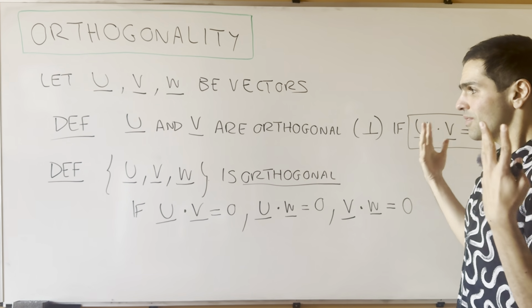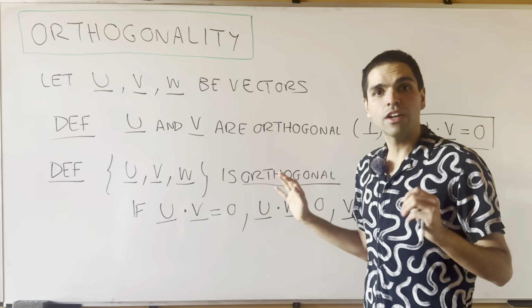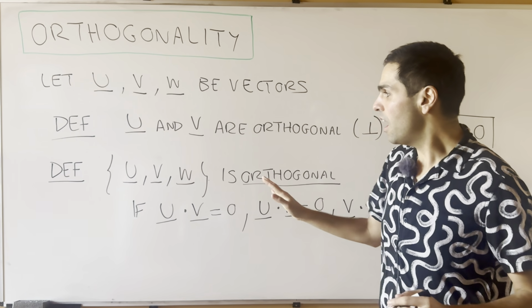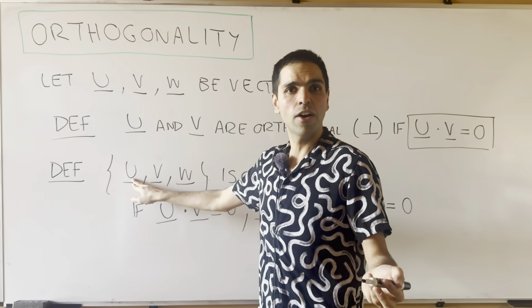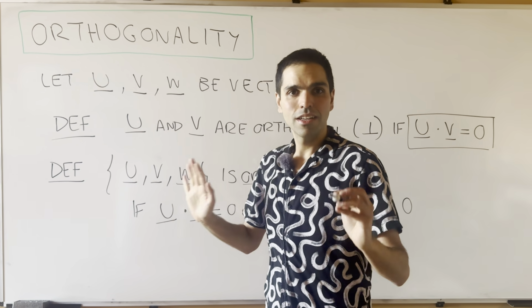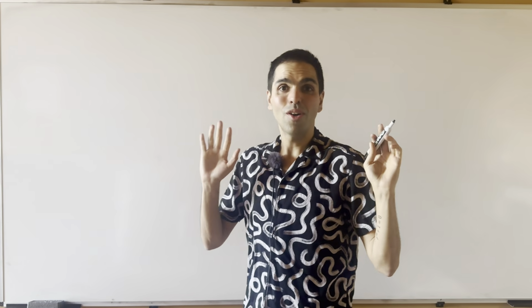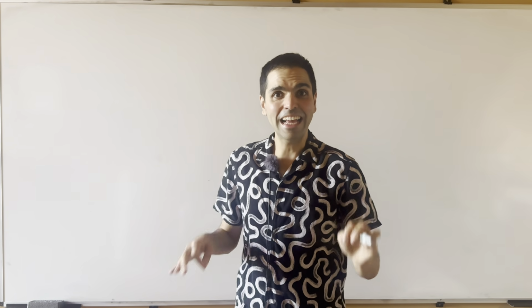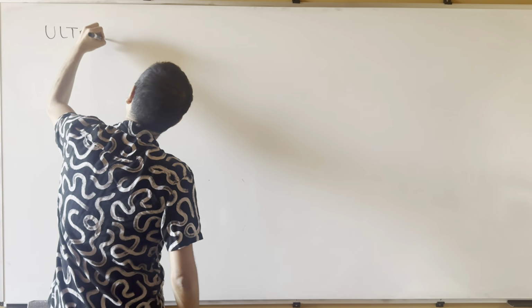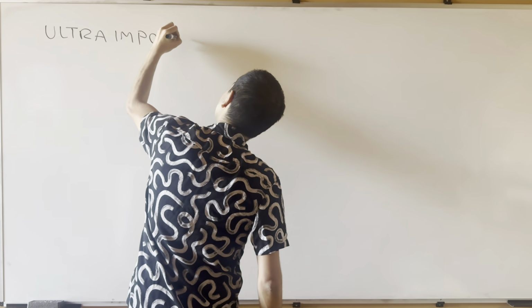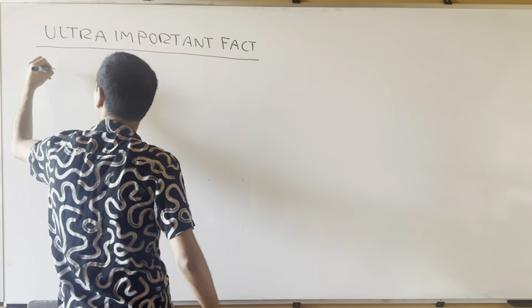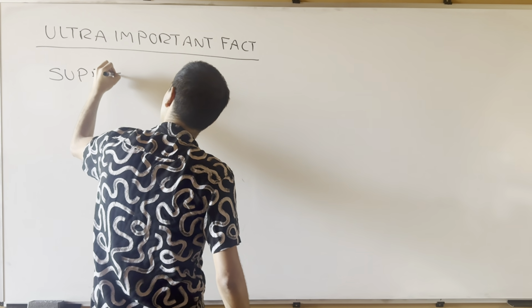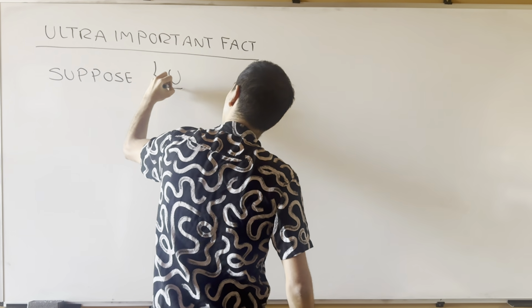Okay, and here is why orthogonality is important, because it allows us to find the coefficients in a linear combination very easily. Here's what I mean by that. So, ultra important fact, and I cannot emphasize how important it is. So suppose, again, u, v, w is orthogonal.